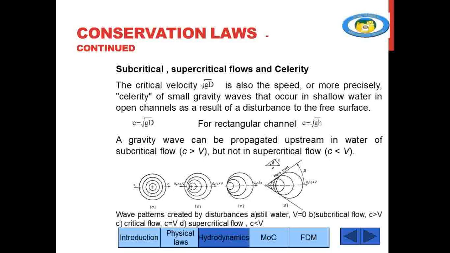And as the velocity of water keeps on increasing, the flow regime would traverse to supercritical flow, in which the velocity is much higher than the celerity. There would only be downstream propagation of the wave, in which case it would be only C plus V.